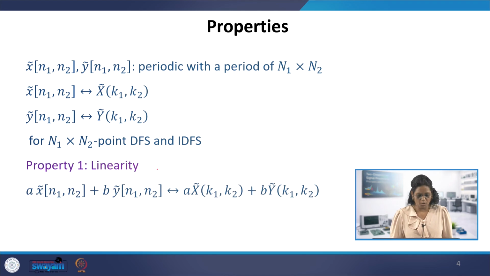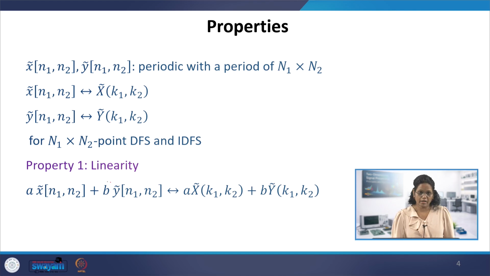Its linearity property we have seen already in 1D and in the DSFT as well. The case is that of superposition and homogeneity. If we scale one signal and scale the other signal, sum them, and take the DFS, then A times x tilde of k1 comma k2 plus B times y tilde of k1 comma k2 is the individual DFS scaled by A and B, and the summation.